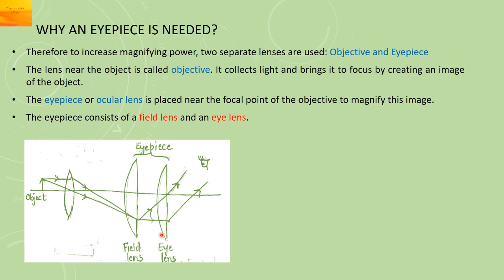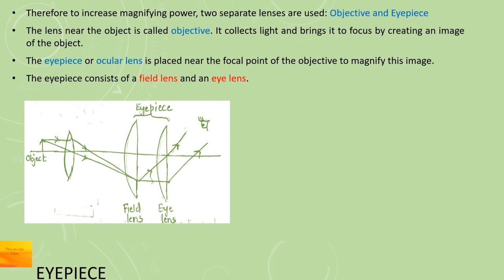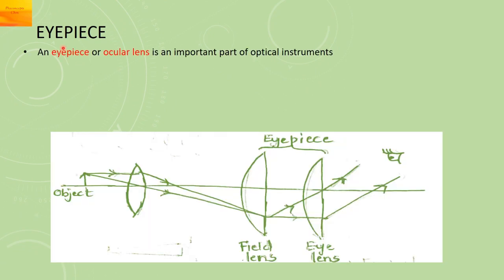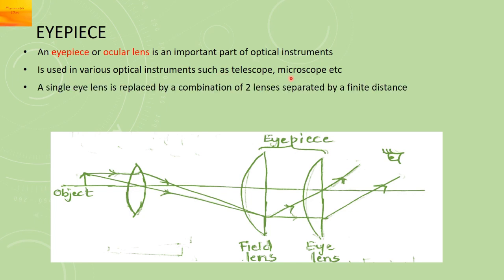In this diagram we can see that the eyepiece is made up of two lenses. One is called the field lens and the other is called the eye lens. The eyepiece is an important part of optical instruments such as the telescope, microscope, etc. It is a combination of the field lens and the eye lens separated by a finite distance.